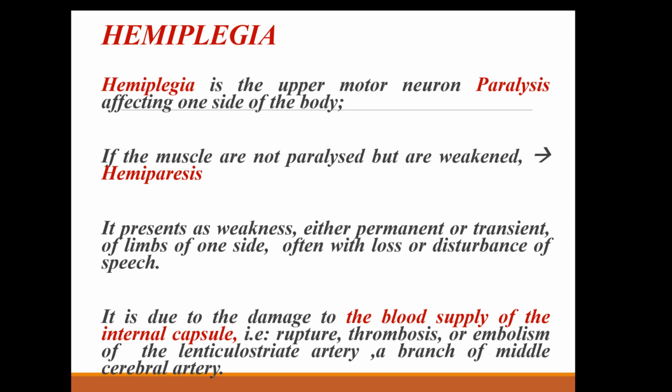It presents as weakness, either permanent or transient, of limbs of one side, often with loss or disturbance of speech. It is due to damage to the blood supply of the internal capsule, that is, rupture, thrombosis, or embolism of the lenticulostriate artery, a branch of middle cerebral artery, can lead to this condition.